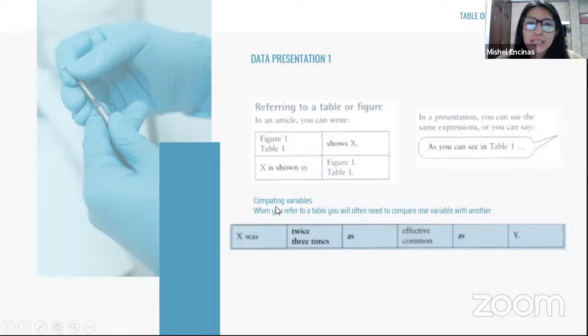Then we can compare variables. Okay, when you refer to a table, you will often need to compare one variable with another, especially in health, right? For example, X was twice or 3 times as effective or common as Y. This is a comparison, okay?